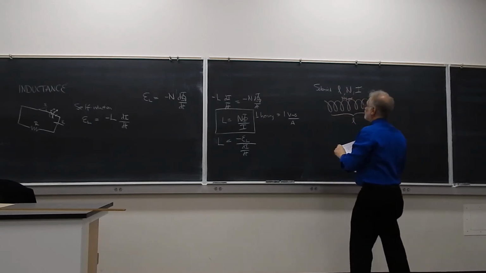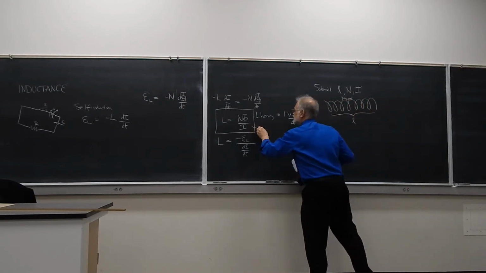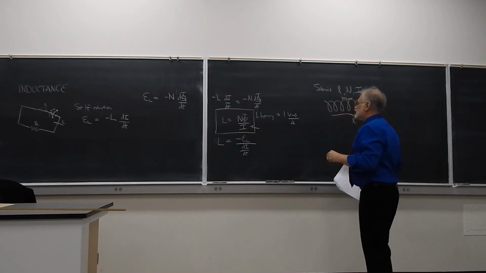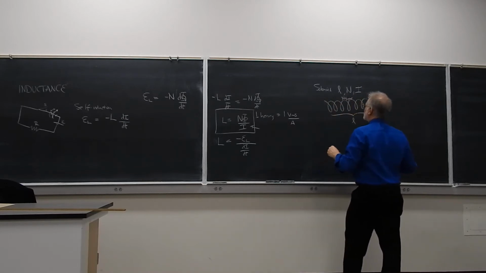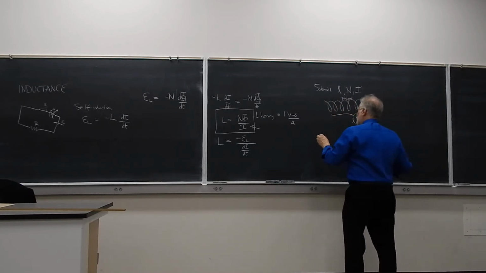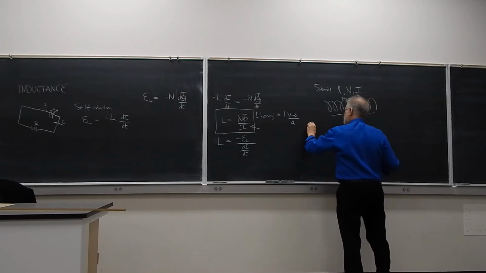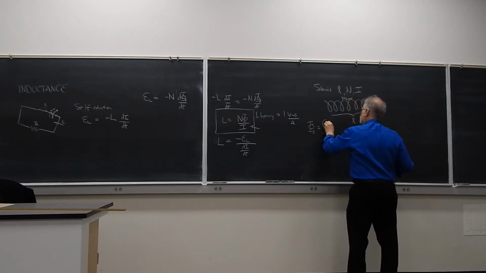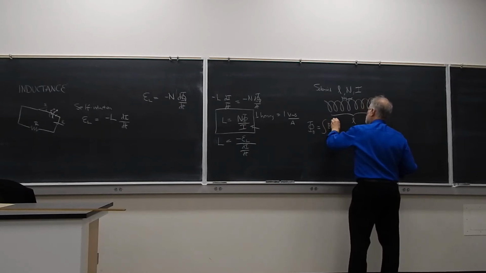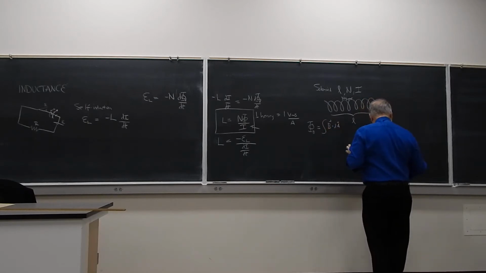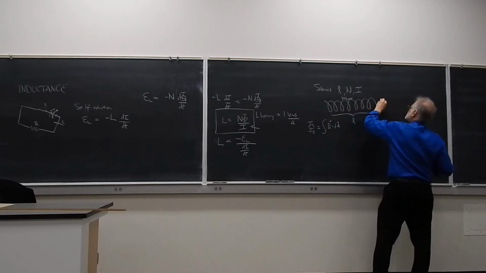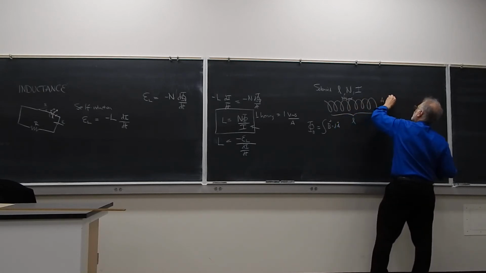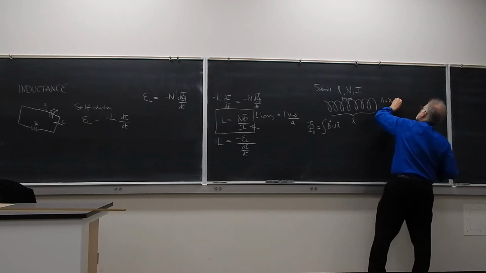Well, the first thing we have to do, if I'm going to use this equation to find the inductance, is calculate the magnetic flux of the solenoid. Well, to find the magnetic flux, that's going to be equal to the integral of B dot dA for the solenoid. Now let's give the solenoid a cross-sectional area A.